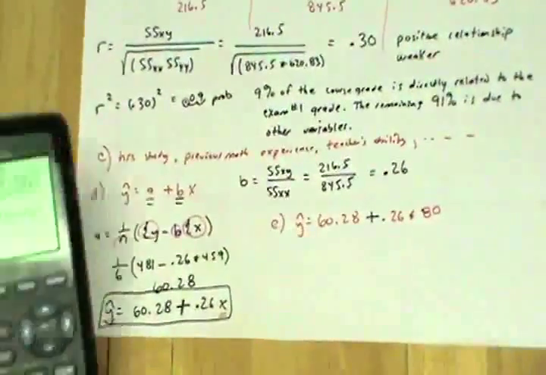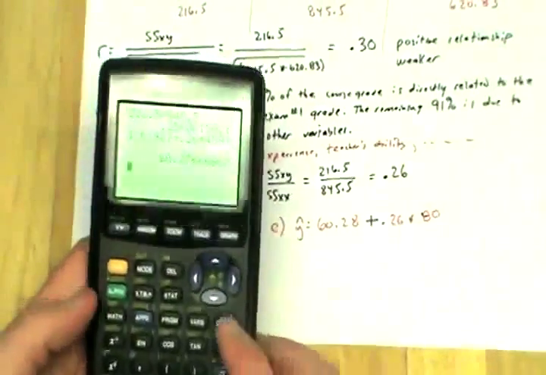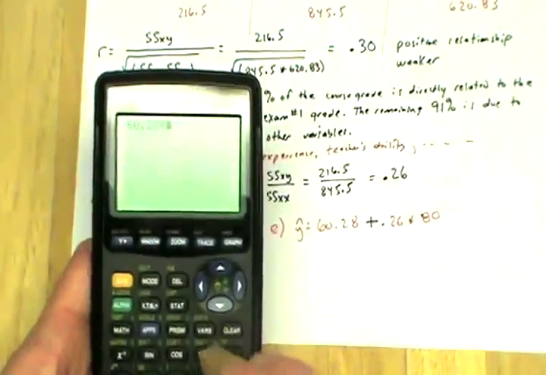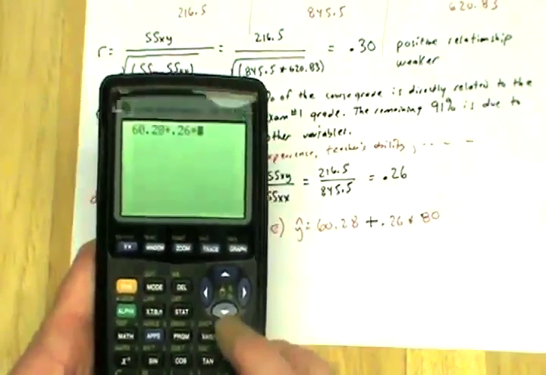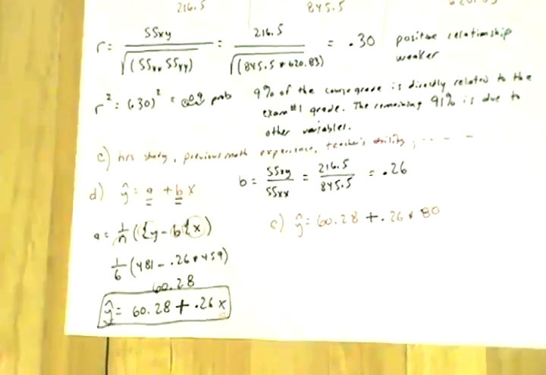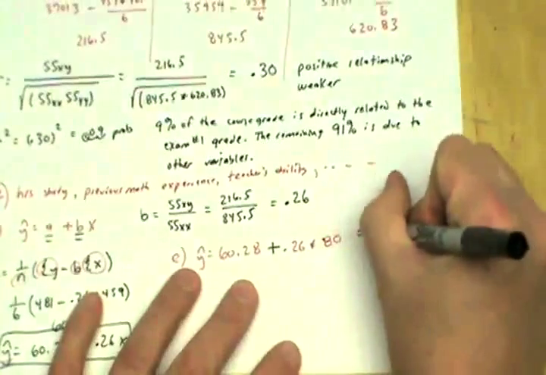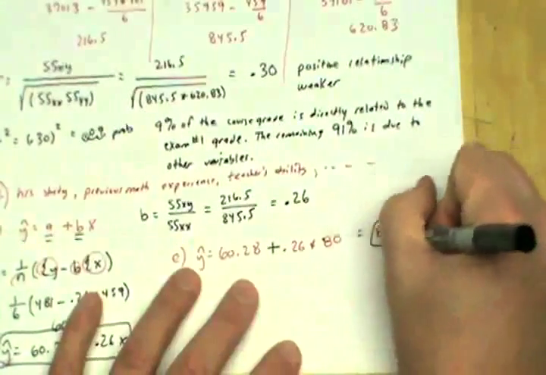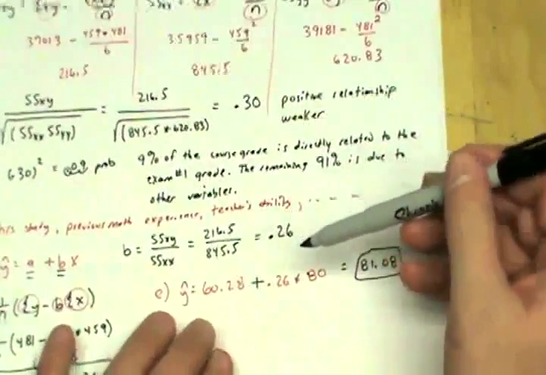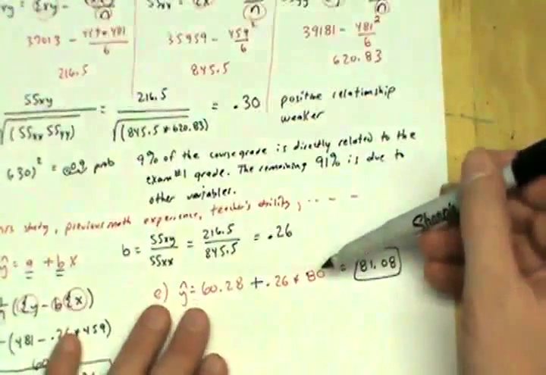So now let's find that value. 60.28 plus 0.26 times 80 is 81.08. So here's the thing. If a student comes and says to the professor, I got an 80 on the first test, how do you think I'm going to do in the class?